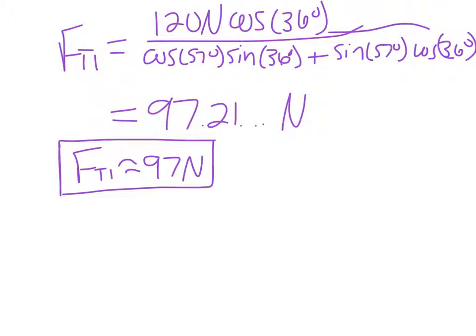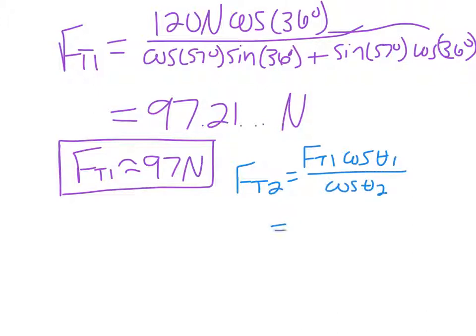And then we've got two expressions for Ft2. It doesn't matter which one we go back in to substitute this number into. I'm just going to use the first one. Ft2 equals Ft1 cosine theta 1 over cosine theta 2.